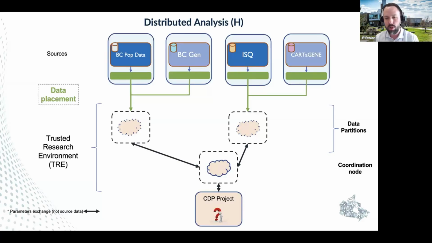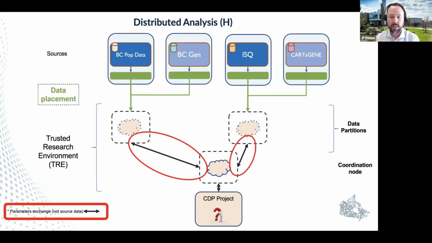So the next slide will highlight one thing that is very, very important: these black arrows do not represent line level data being exchanged. I should probably put another star there. It's not because you're not exchanging line level data that you cannot reverse engineer it. So if you hear people telling you, we have a way to do the analysis without exchanging line level data, this is only the first step.